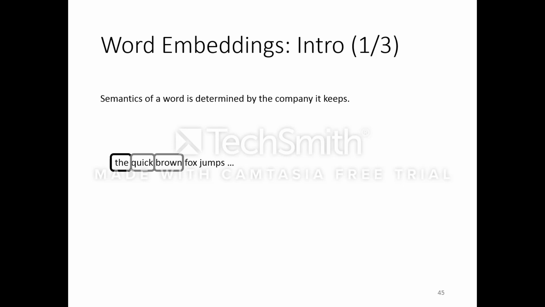We need to first decide on an n word window. So here we use a window size of 3. So the vector for a word is influenced, or learned, or allowed to be influenced by the 2 words before it as well as the 2 words after it, wherever it appears in the corpus.